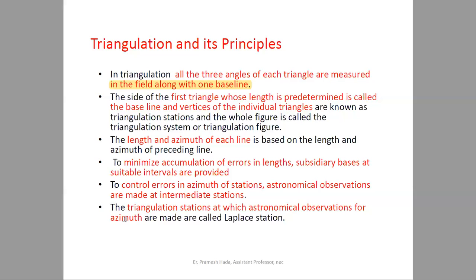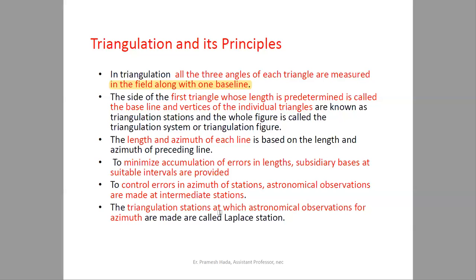If there is some error in the azimuths, then this error will carry forward to the lengths of sides and to further calculations. Therefore, we have to check the errors in azimuth.